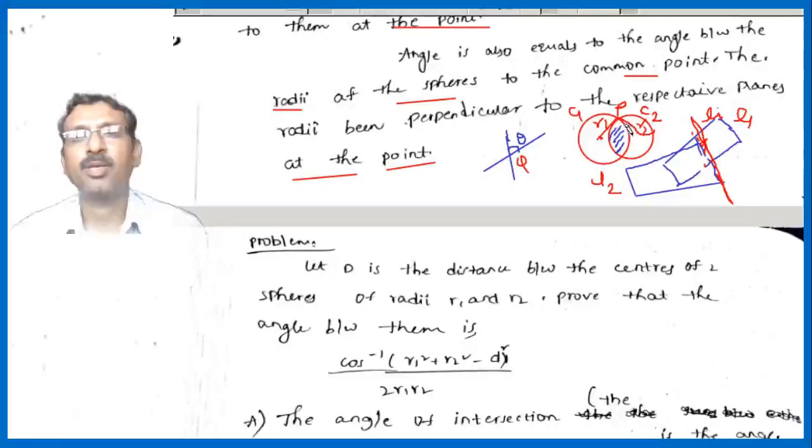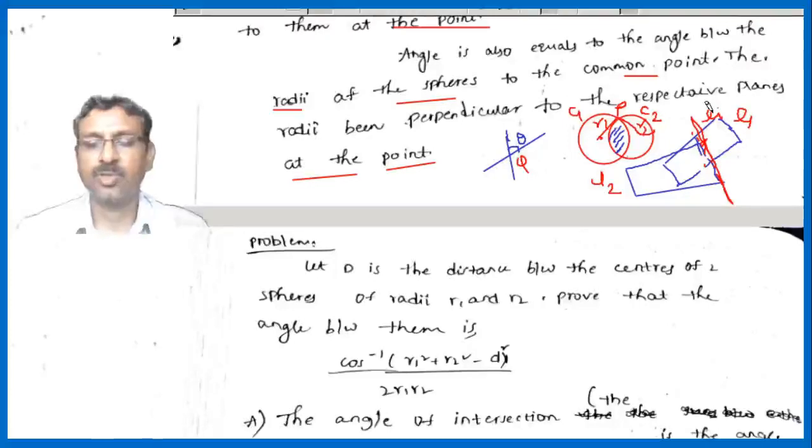So in some other way we can find the angle between the radii. In both ways the angle is the same.